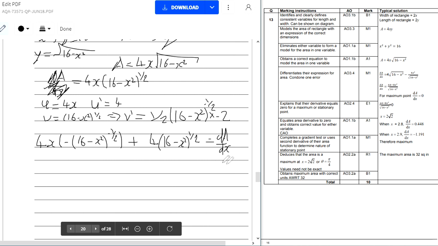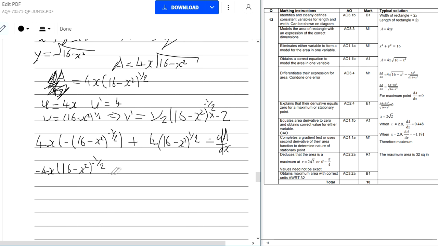Now we're trying to find the maximum, so we set that to 0. So what we get is minus 4x (16 minus x squared) to the minus a half, plus 4 (16 minus x squared) to the half, equals 0.